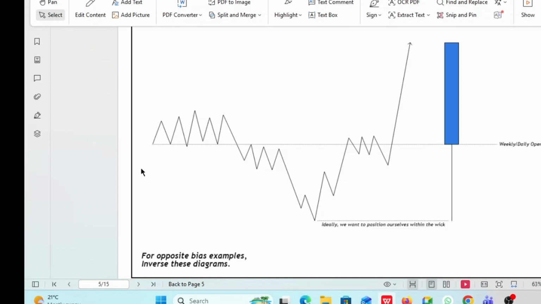You say this is the market. It comes here. Then you're supposed to look for a buy position here before the market moves. So the weekly or daily open price is here. You're supposed to enter somewhere here below the opening price, not above. It should be below the opening price, or the discount zone.